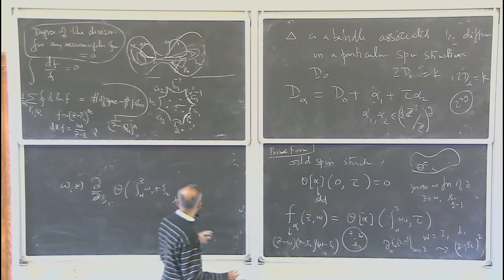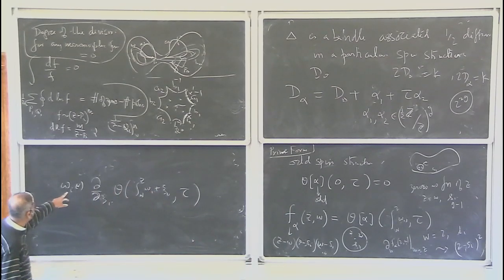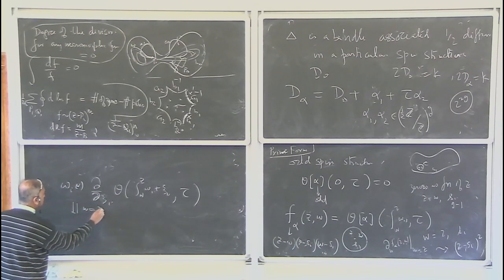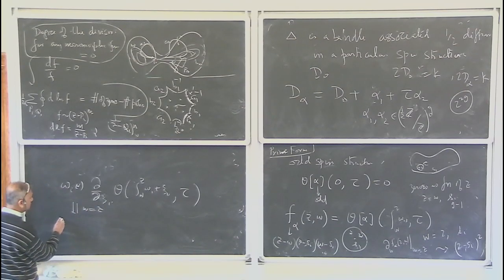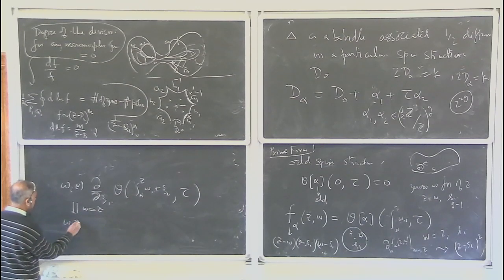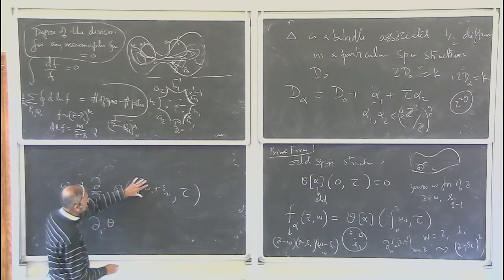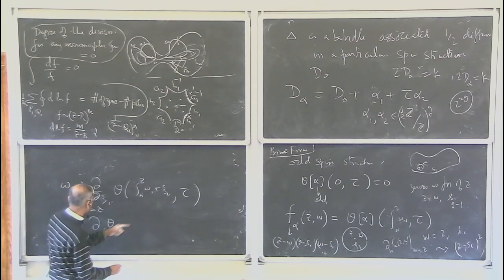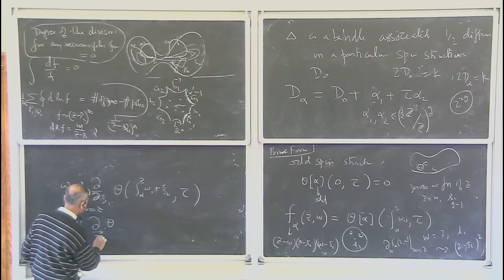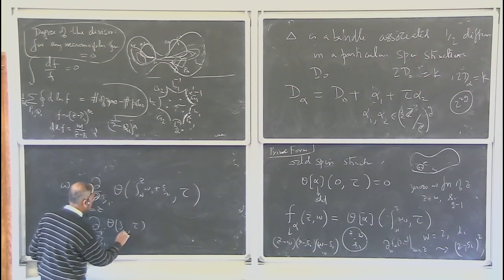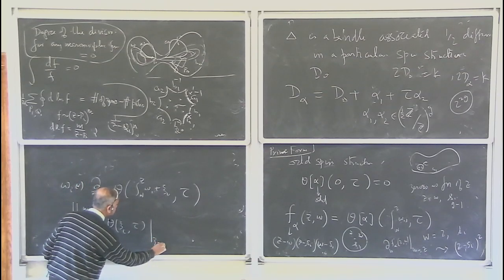When I put W equal to Z, what I find is that this becomes omega I at Z. And then the derivative of theta at W equal to Z, this disappears, and it is simply d theta by d zeta I of tau, and then set zeta I equal to 0.